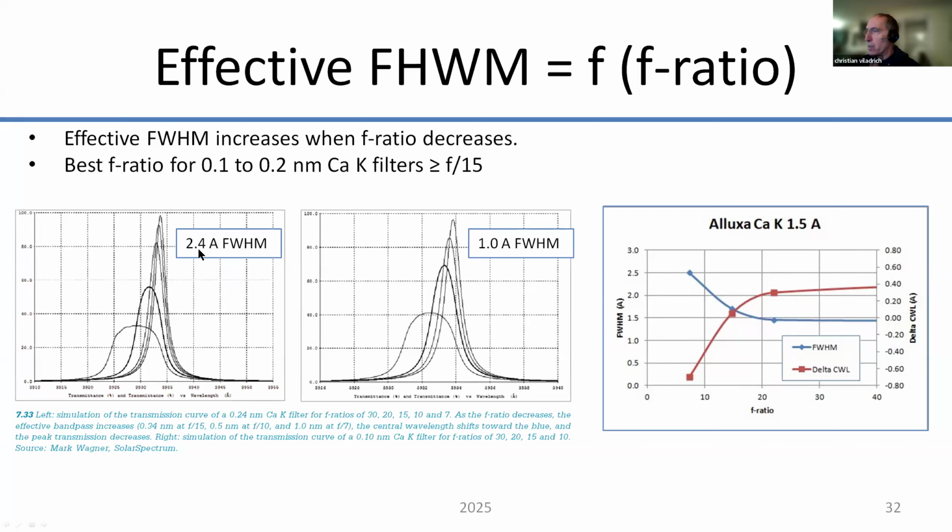So we start with a filter which is 2.5 angstrom, and if we use an F ratio of 7, we have a bandpass of 10 angstrom. So this is why we need to use an F ratio large enough, and roughly speaking, an F ratio larger than 15 is okay.